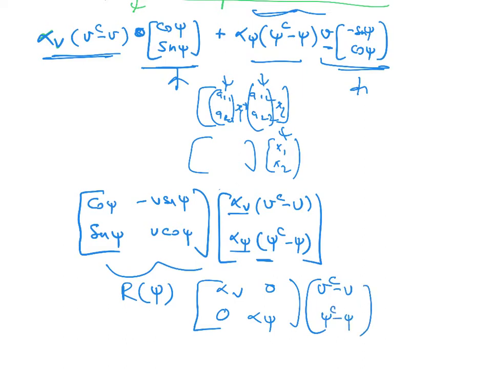This is awesome, right? When you multiply this alpha v into this, and this alpha psi into this, the whole thing can be written as a diagonal matrix multiplied by a vector, right?